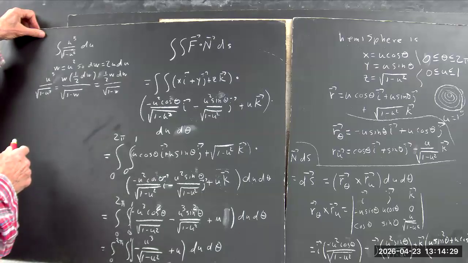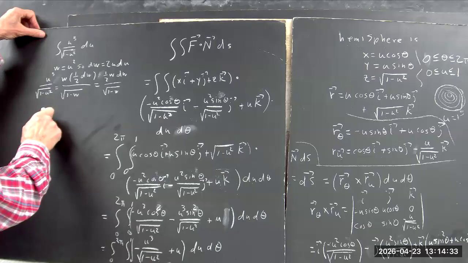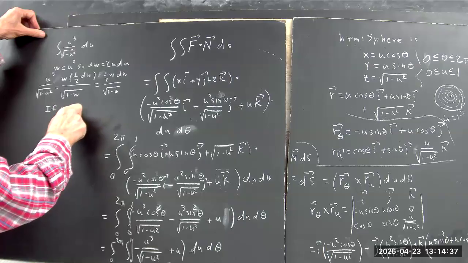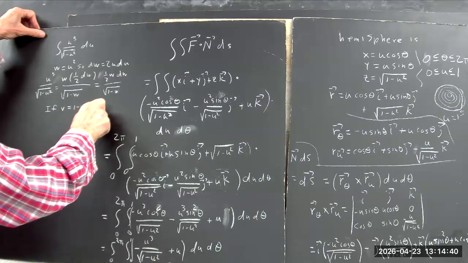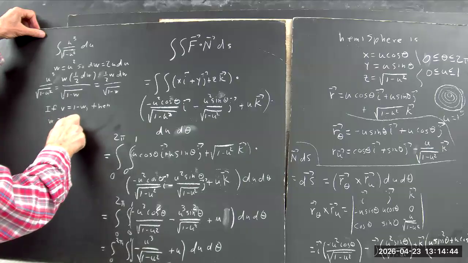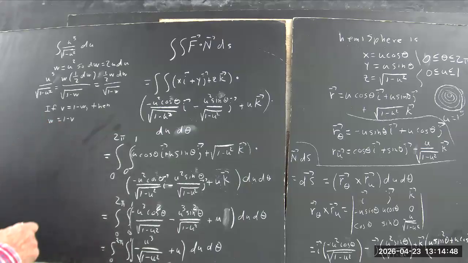Then we make another change of variable. If v equals 1 minus w, then w equals 1 minus v.